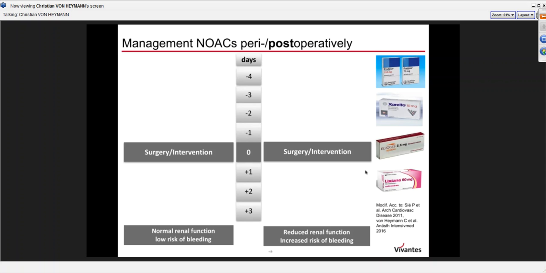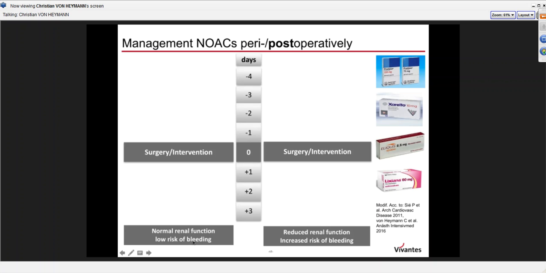And so how can you do it when you have the patient in your pre-assessment clinic? First of all, I would like to discuss the setting of a relatively healthy patient with a normal renal function, and the surgery brings a low risk of bleeding.